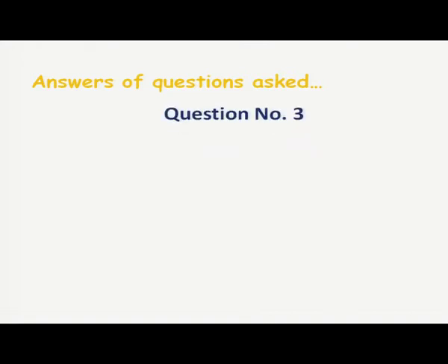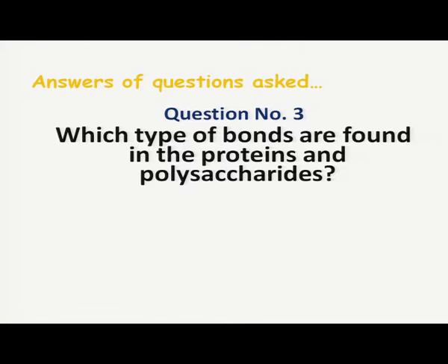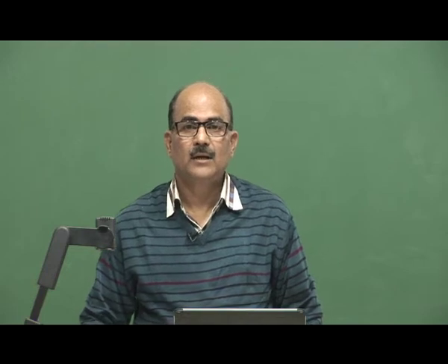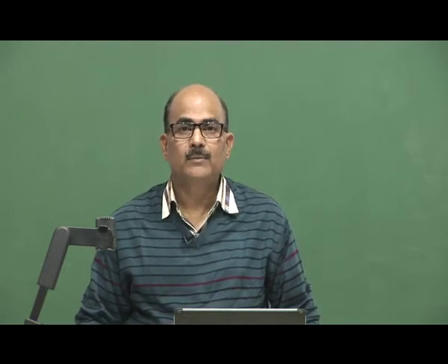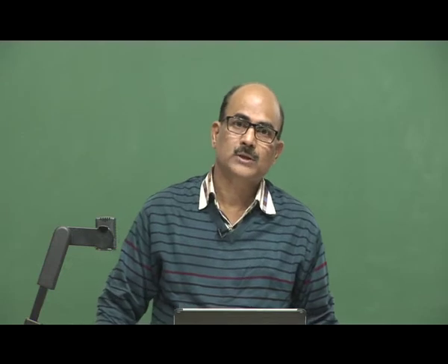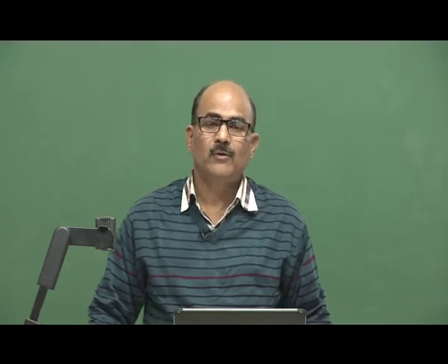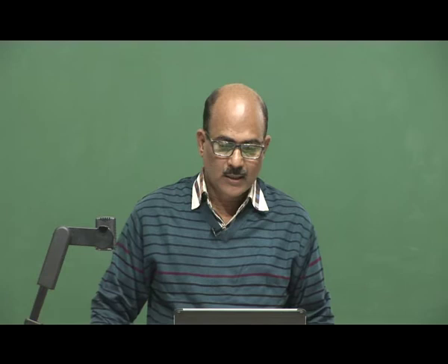Let us see the third question, which type of bond are found in the protein and polysaccharide. We have already discussed in the carbohydrate chapter, at the time of discussion of disaccharides like maltose, sucrose, lactose, that these three disaccharides are formed with the help of two monosaccharides, and these two monosaccharides combine with the help of glycosidic bond.